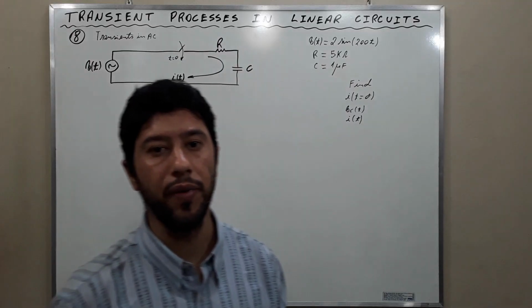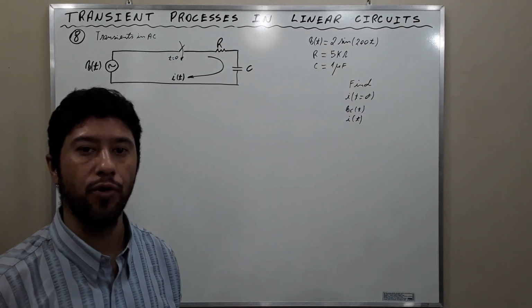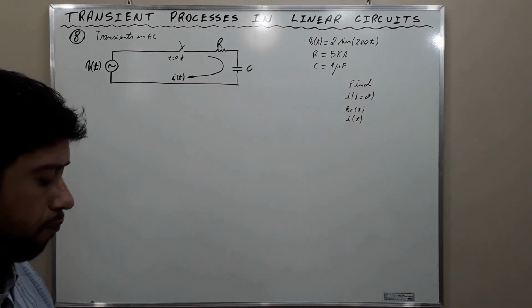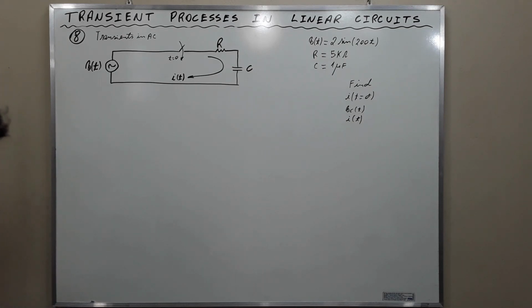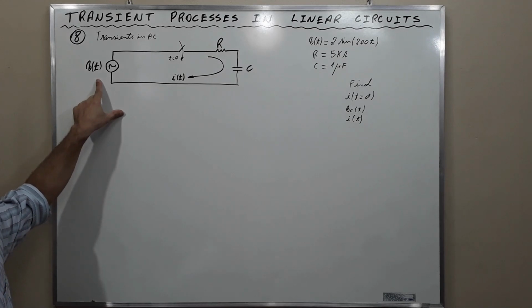To finish our debate, let's talk about transient in AC. Exercise number 8, find the I of t for t equal to 0, Vc of t, and I of t for t greater than 0 after the switch is closed, assuming no initial charge on the capacitor. Pay attention that we were working with DC sources.